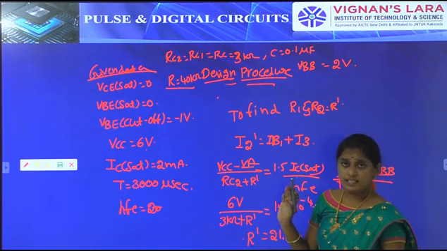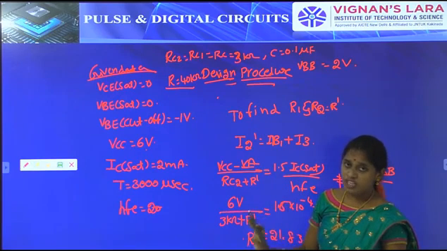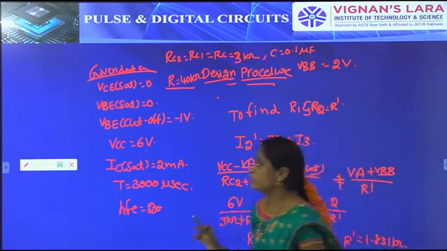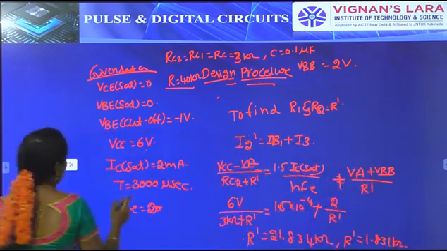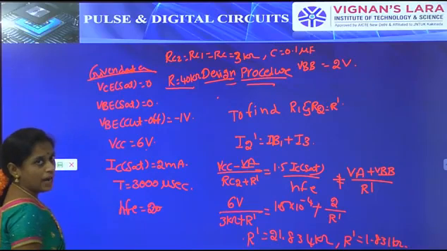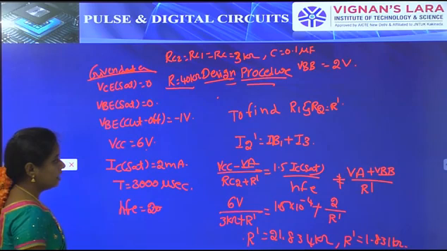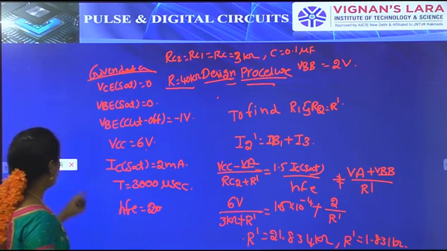After finding these resistance values, obviously we have to substitute them in the circuit diagram. So what is the value of RC2? That is 3 kilo ohm, the capacitor is 0.1 microfarad, the R value is 40 kilo ohms and VBB is 2 volts.